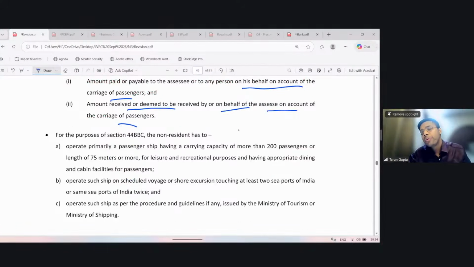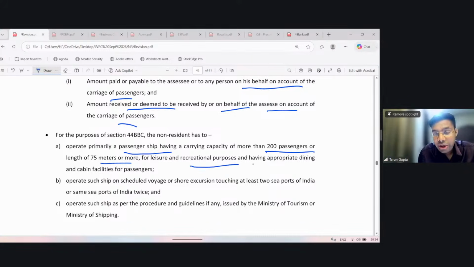However, to qualify under Section 44BBC as a cruise ship, the non-resident has to operate primarily a passenger ship having a carrying capacity of more than 200 passengers or a length of 75 meters or more for leisure and recreational purposes, and having appropriate dining and cabin facilities for the passengers.